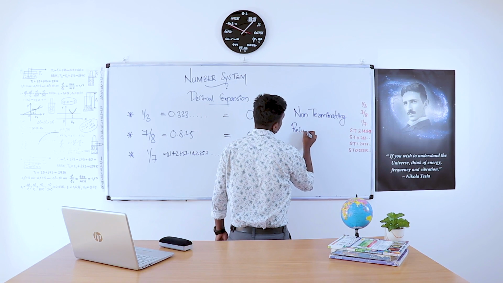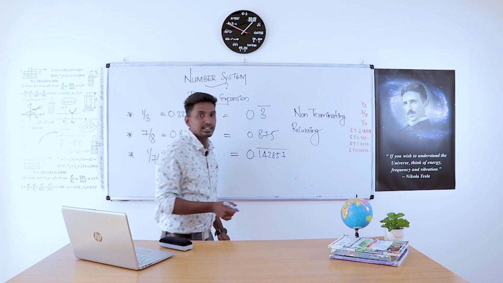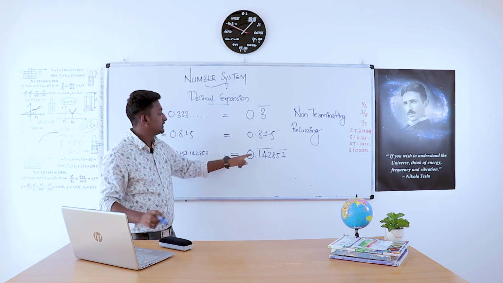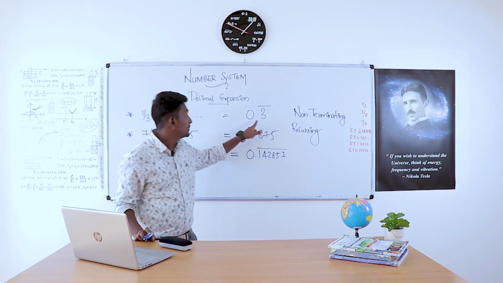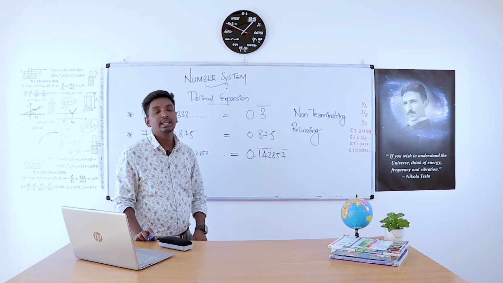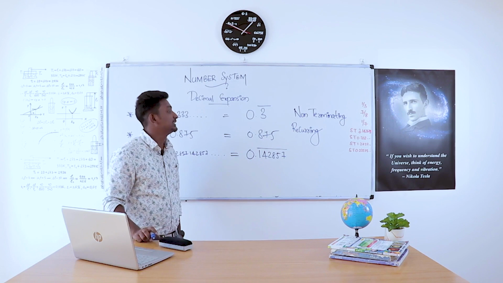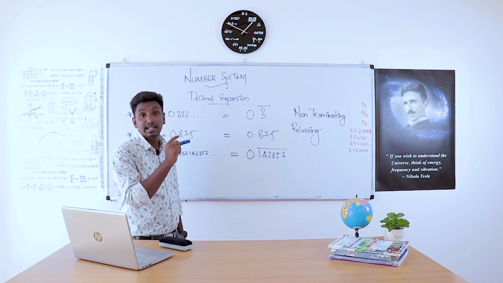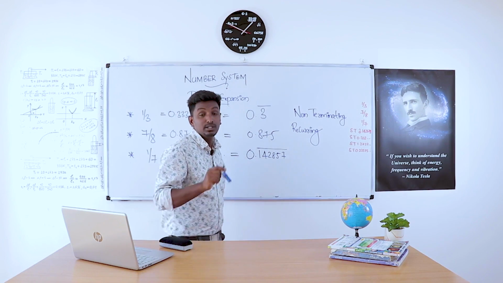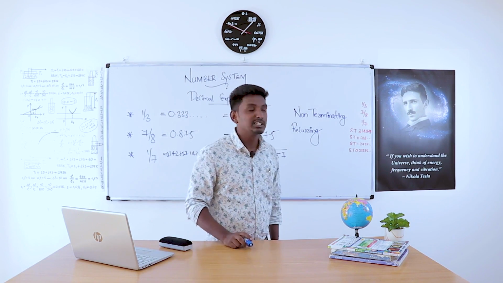Recurring means repeating. 142857 is repeating again and again. In 0.3, 3 is repeating again and again. Therefore, these decimal expansions are called non-terminating recurring decimal expansions.